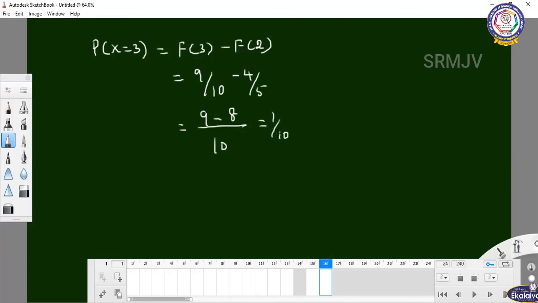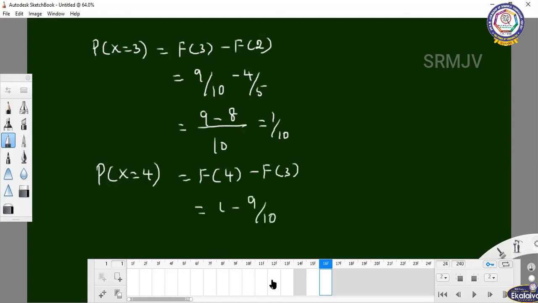The next value is P of x equal to 4, or small f of 4, equal to f of 4 minus f of 3, which is 1 minus 9 by 10.